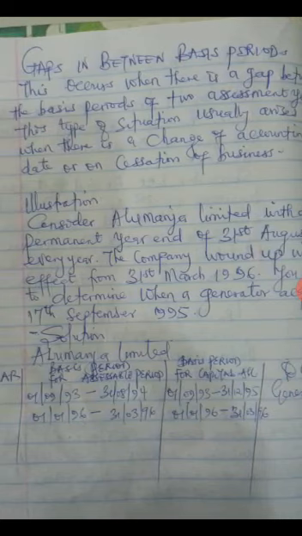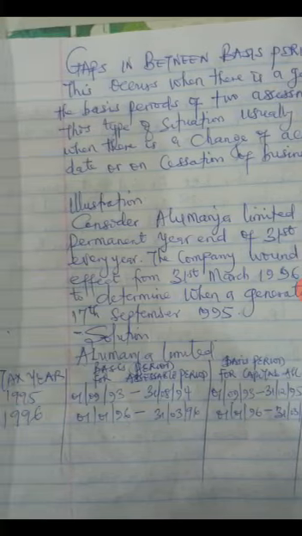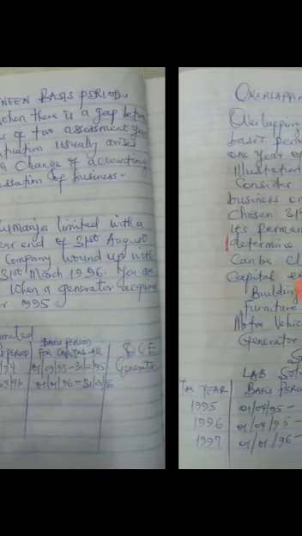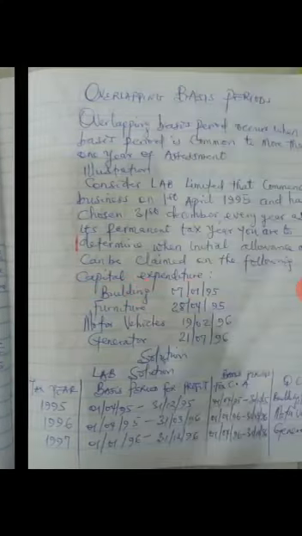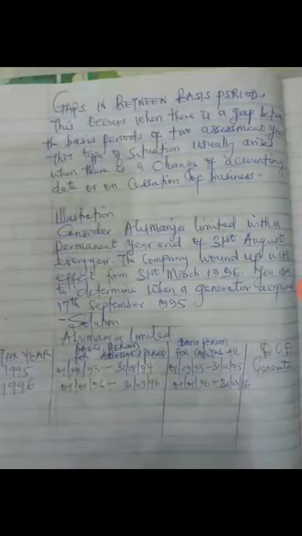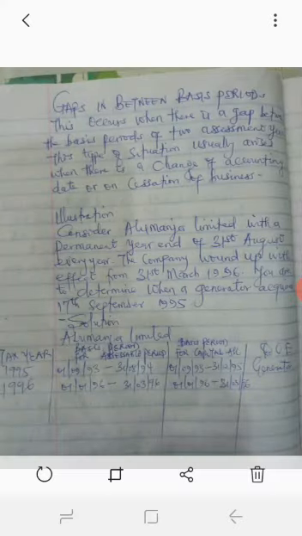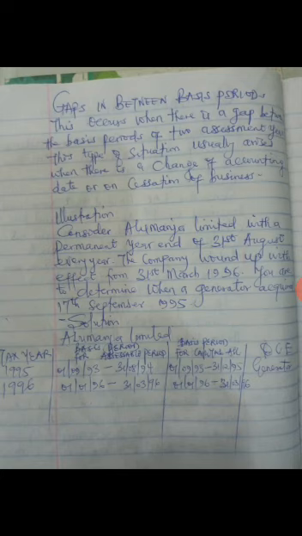We'll have a brief recap of what we have done today. We looked at overlapping basis periods and also gaps in basis periods. These are the two things we've discussed tonight.